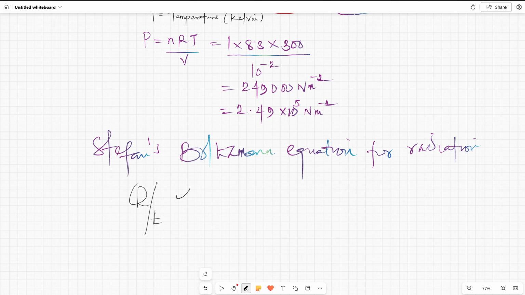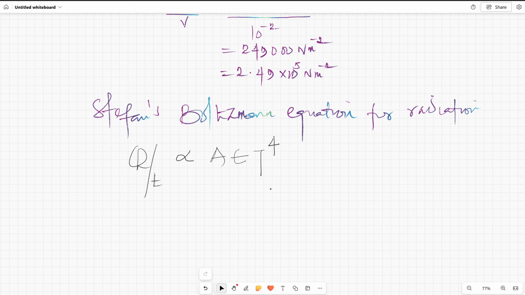directly proportional to the area, also proportional to the emissivity of the material, and the thermodynamic temperature raised to the power of 4.